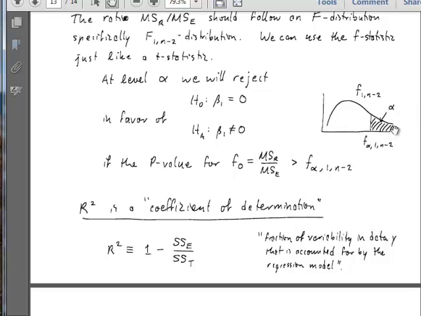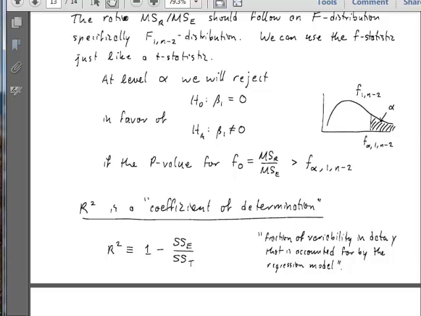So f naught would appear somewhere along this axis, and I compute the area to the right of that point f naught for the corresponding F distribution, and that will tell me the p-value, which is the probability corresponding to the smallest degree of confidence that I could have in rejecting this hypothesis.